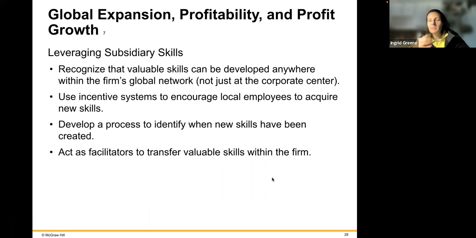So, leveraging the subsidiary skills. There are just 2 more slides in this part. This is recognizing that valuable skills can be developed anywhere within the firm's global network, not just at the corporate center. So for people who are hesitant about going abroad, I often say there are things to be learned.